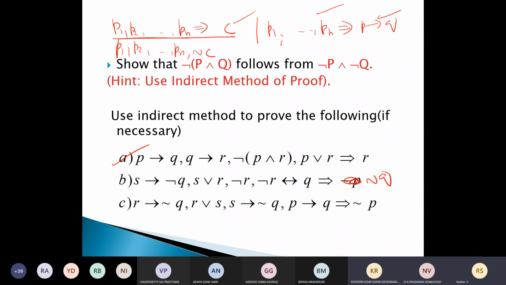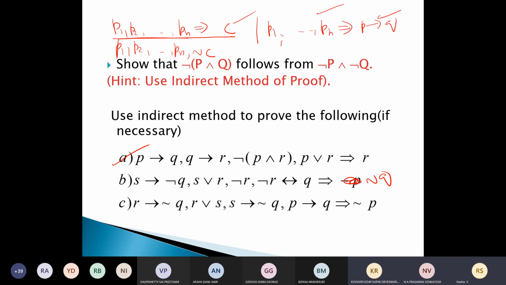Whenever you assume something which is not true, you should arrive at a contradiction. Clear? So whenever you want to prove something is true, what you have to do? Assume the negation of that statement as an additional premise, and try to prove that the given premises along with the negation of the conclusion together lead to a contradiction. Clear? This is the thing I want to prove.